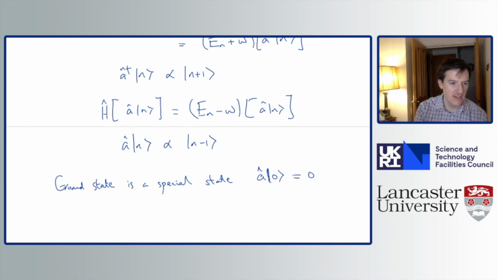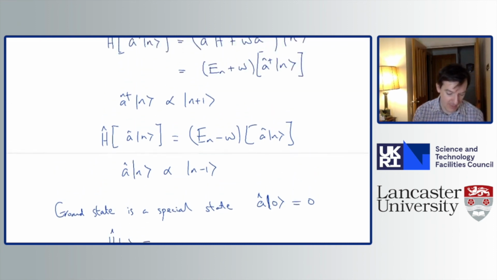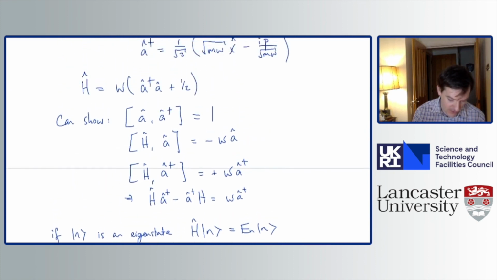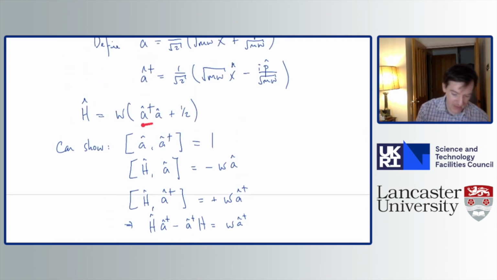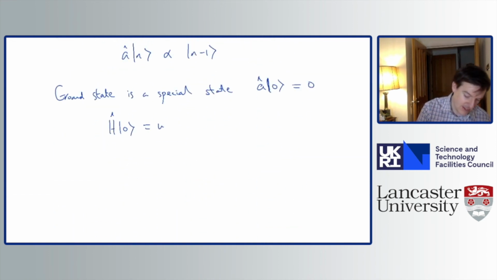So I can figure out what the energy of this ground state is using what I know about the Hamiltonian. We've rewritten the Hamiltonian above in terms of A dagger and A. Write that down here: it's omega A dagger A plus a half, acting on 0.